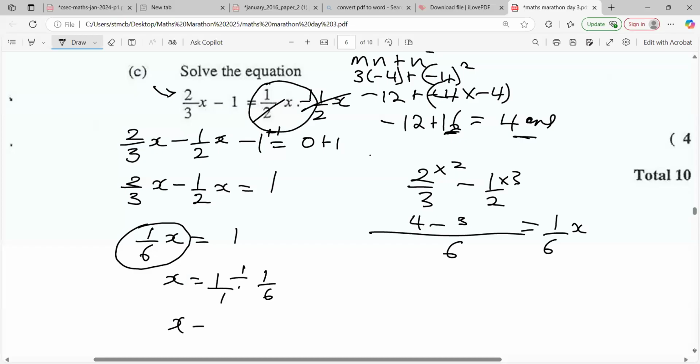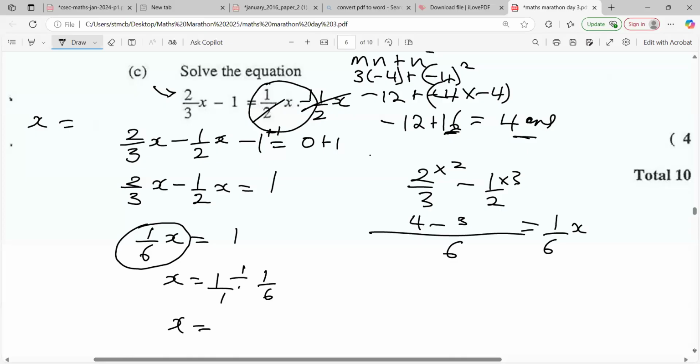Excuse me, sir, what is the rule of this equation, why you have to add the 1? For any equation you have to do that. If you are solving for x, you're going to have x on one side and the numbers on the other.